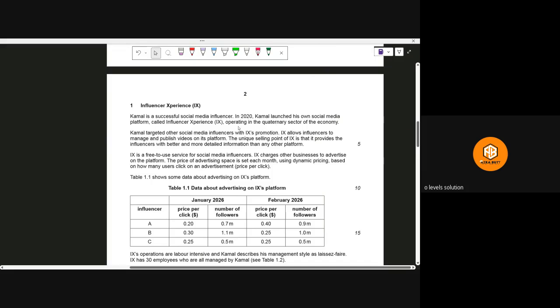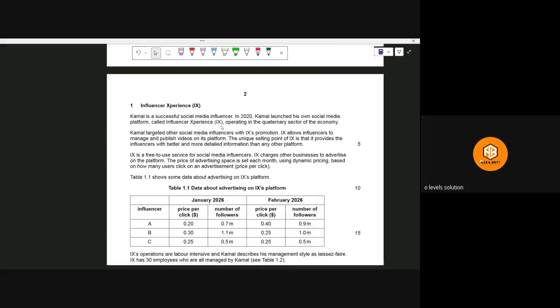Because maybe they are serving not only the end user, because different businesses can use social media for promotion of their different products as well.